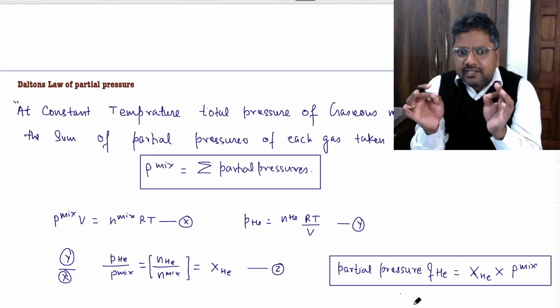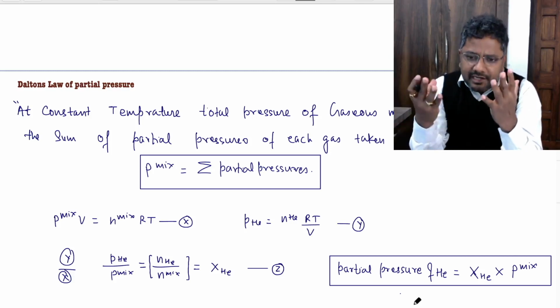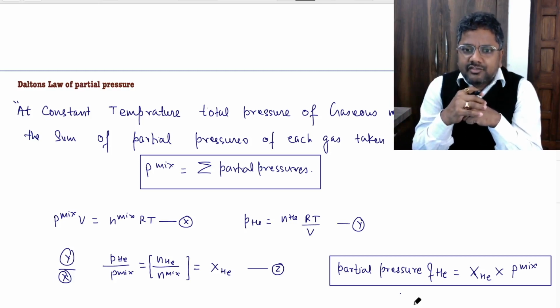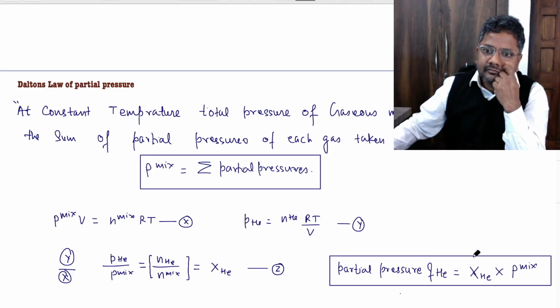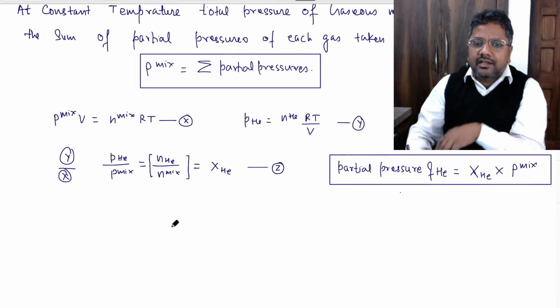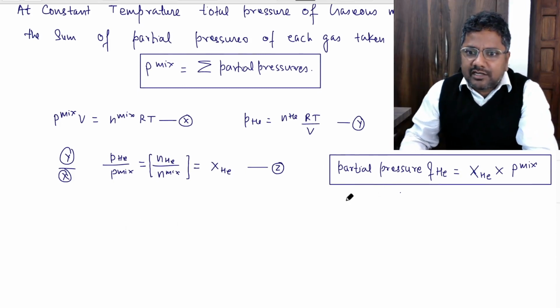Means 90% of formulas in physical chemistry are derived from PV is equal to nRT, right? So similarly, the partial pressure of nitrogen is equal to the mole fraction of nitrogen into the total pressure of the mixture.